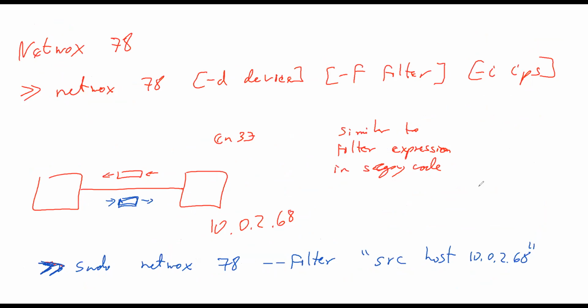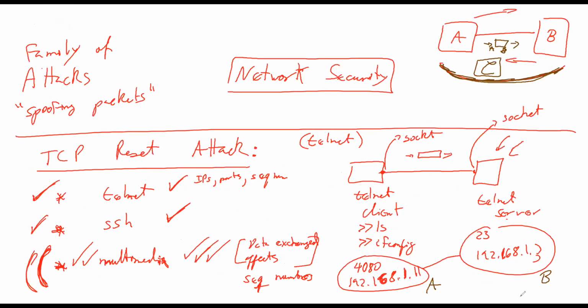All right, that concludes our discussion of TCP reset. As you have seen in our discussion, we went over these three, right? TCP reset on telnet, so hopefully that makes sense, TCP reset on SSH, and then finally TCP reset on multimedia.